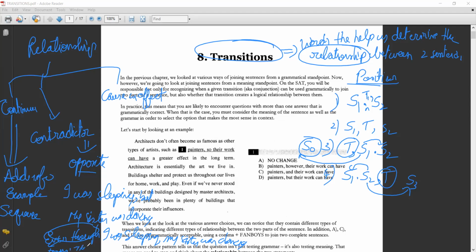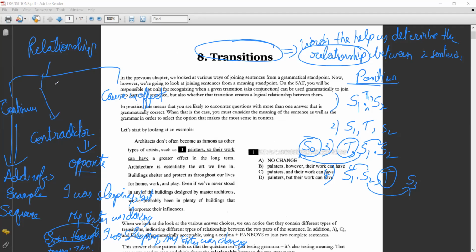Got it? Understood? So it is showing a contradictory relationship between both the sentences. The best way to understand that is, she worked hard for her exams, but she failed. If she worked hard for her exams, she's supposed to pass, but she failed. So when two sentences are completely opposite to each other, that's when you call it a contradictory relationship.